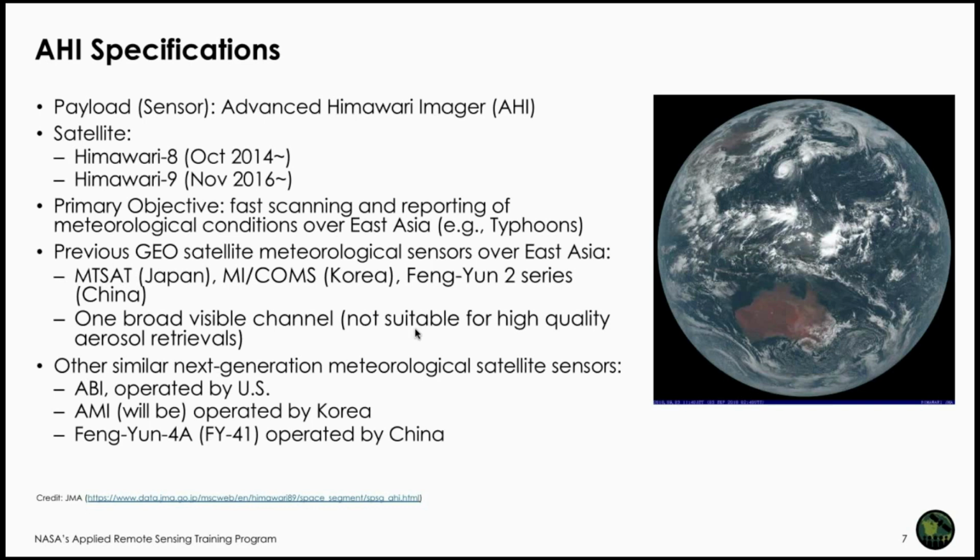These days, other similar next-generation meteorological satellite sensors are ready or already launched, like ABI operated by the US, AMI which will be launched next year by Korea, or the Fengyun-4A series operated by China.